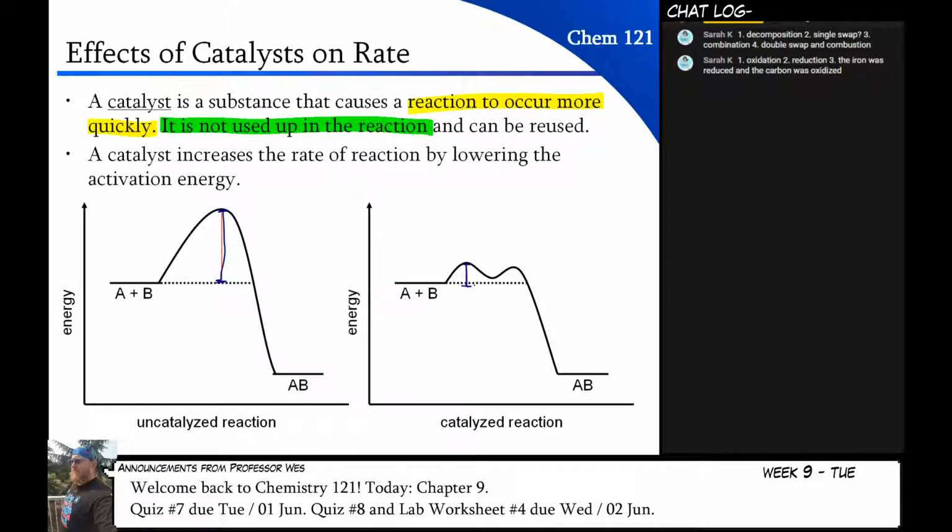And the result is that I need a lot less energy. So the way that this happens is that catalysts lower the activation energy. And when the activation energy is lower, more molecules can then react at whatever temperature or whatever conditions you're working at.